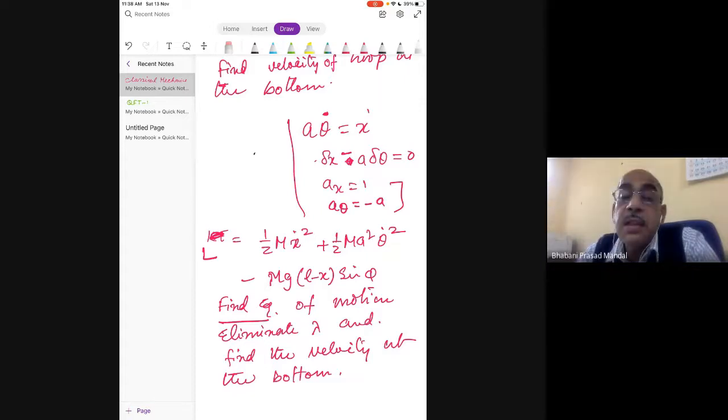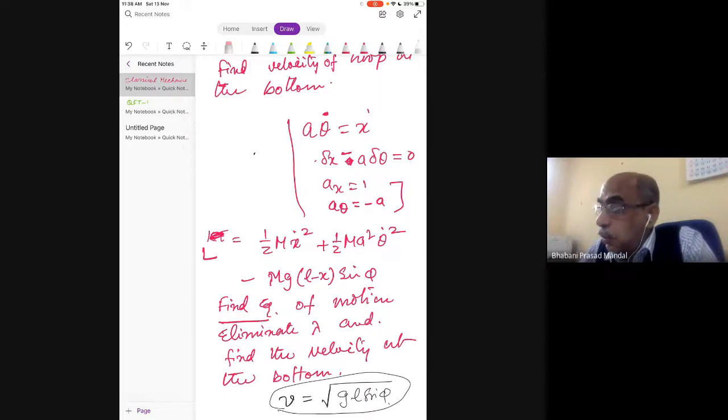And the answer, I think you'll get V equal to the square root of G L sine phi. This answer you should be able to get for this problem.